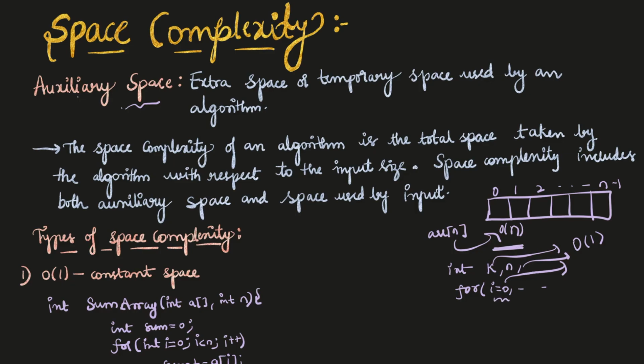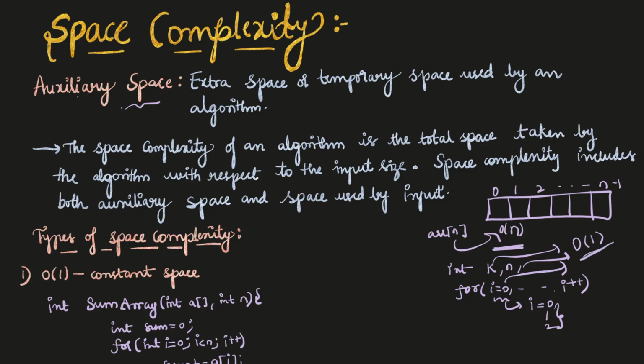The i value would keep on getting updated based on the given conditions. Suppose it is i++, then it would get added by 1 each time. So the value of i is just getting changed, but it is not taking that many spaces. So that's the reason it would be order of 1.